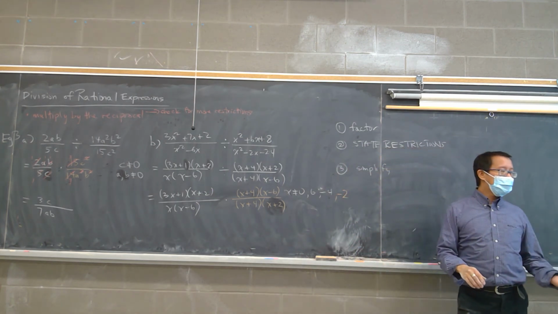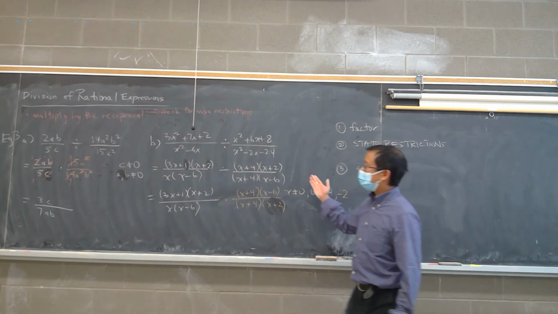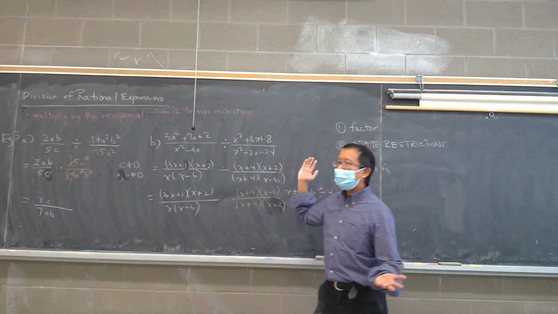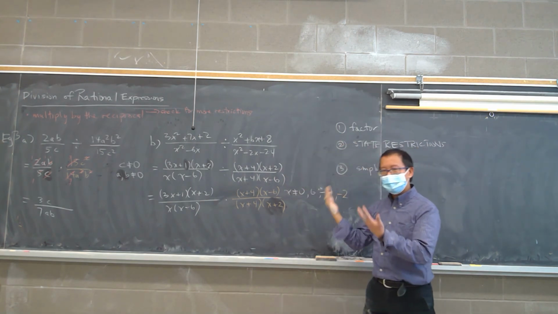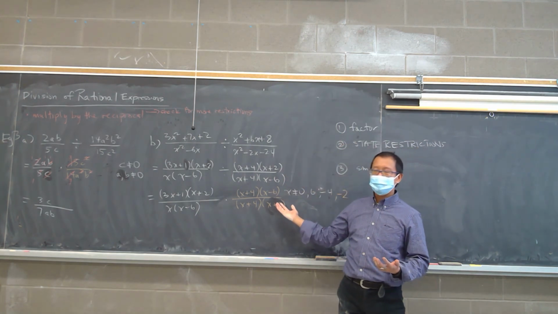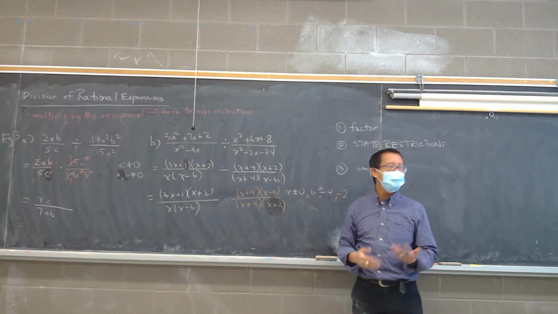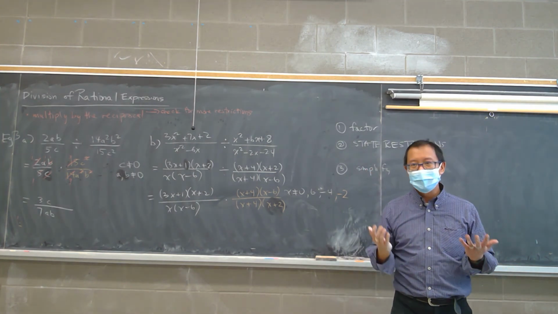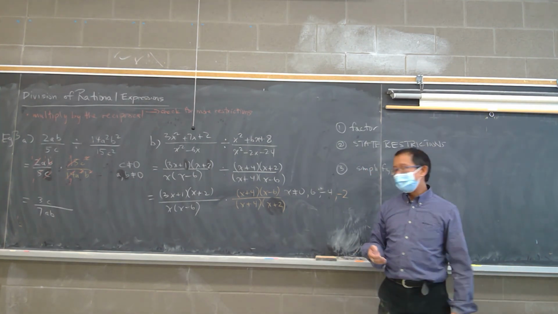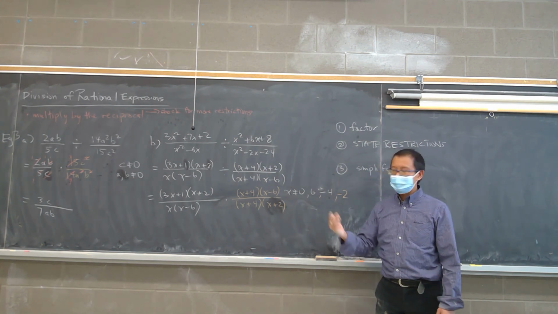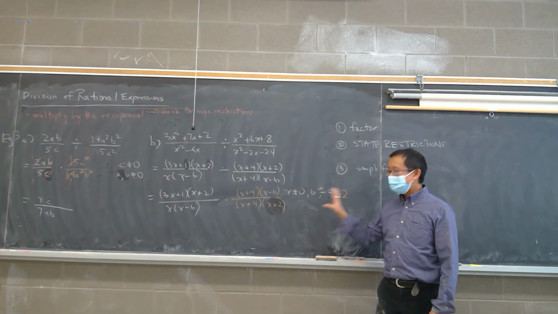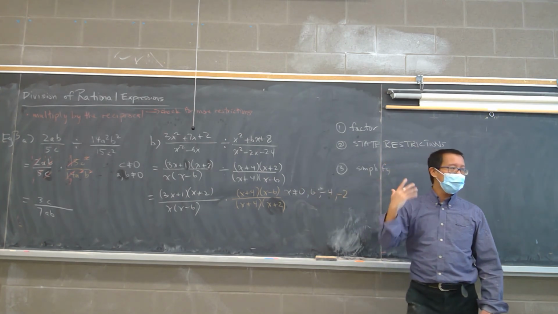And some students say, but Mr. Chen, if you ever plugged in negative 2 into the original question, there's no problem. What are you talking about? And I said, I agree. But when you keep on working, that negative 2 is a problem when you start dividing, because you can't have 0 in the denominator. And it will be in the denominator in this context, because that's what division is. That's the whole big idea. That's the hard part for a lot of you.